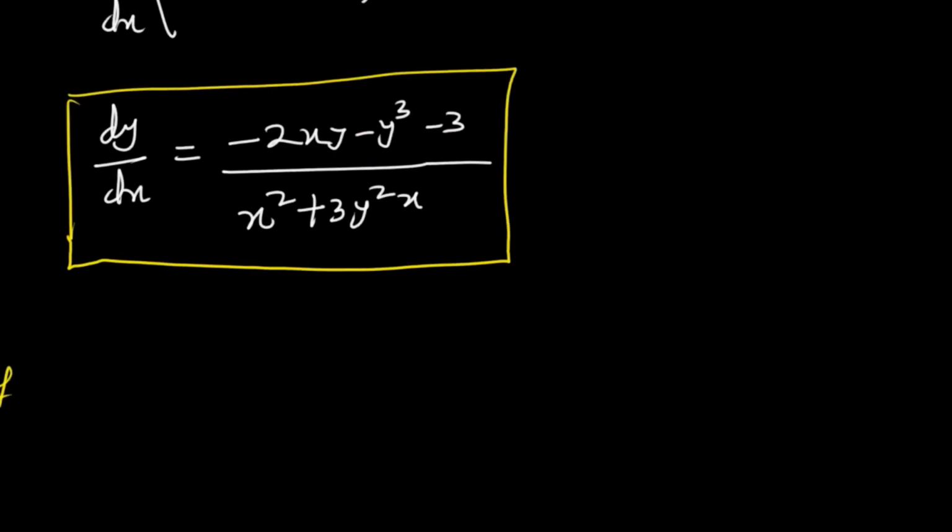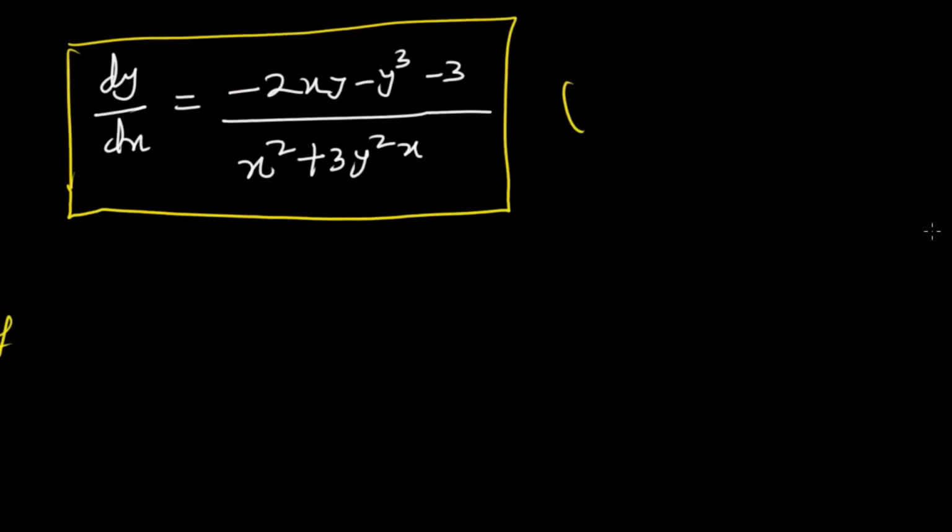So now, looking for dy over dx at the point 1, 2. To find dy over dx at the point x equal to 1, y equal to 2, I simply substitute x to be 1 and y to be 2 in the expression.